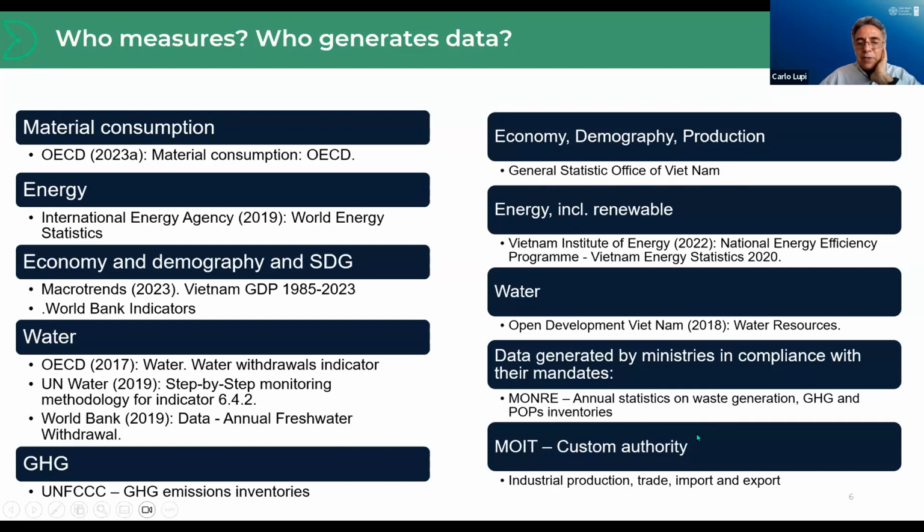There are more limited data, for instance, on water. And this is one of the aspects that maybe will need to be improved. But in general, ministries, line ministries, and the agencies under each ministry have the task to generate the data to allow that ministry to achieve their missions.